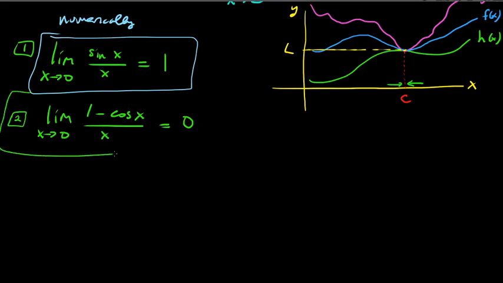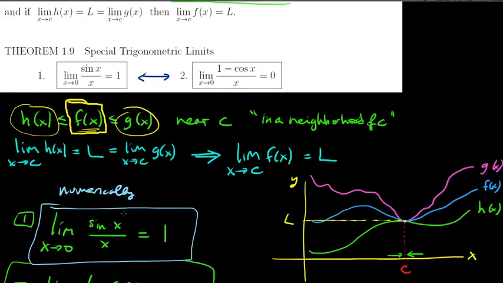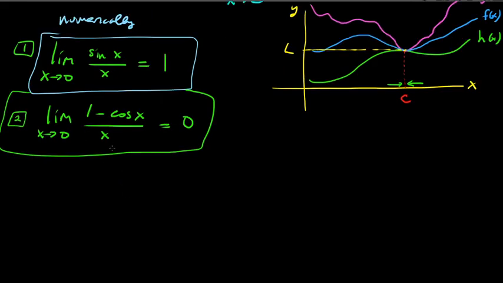This is one you should be able to do numerically or using a graph. I don't know how to use the squeeze theorem directly to do this. I think there's another way to do it algebraically. Actually, I think it might be a homework problem, so I don't want to say too much more. If it is for homework, or if you want a challenge, here's a hint: use the conjugate.